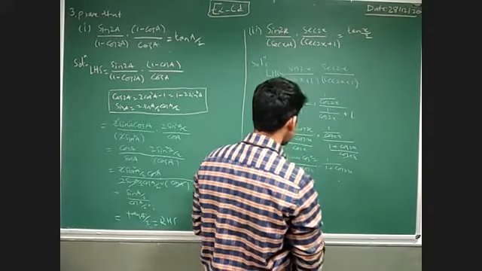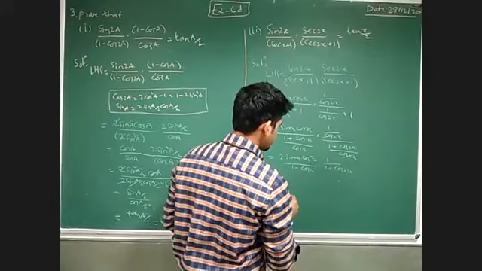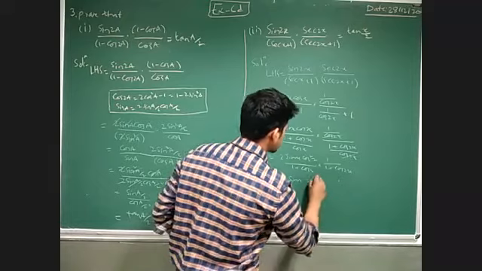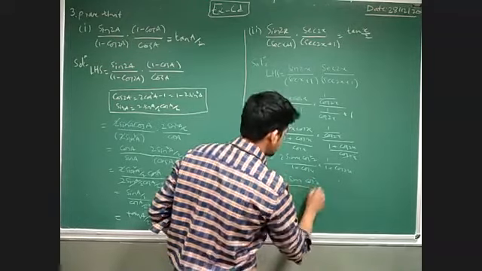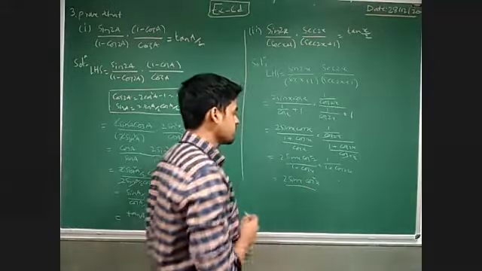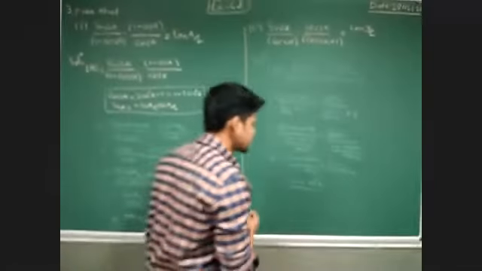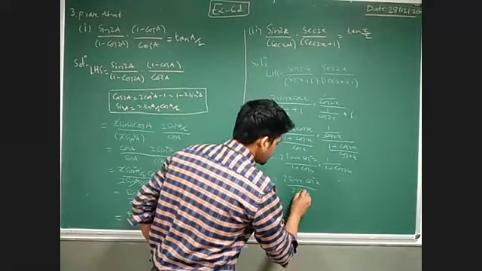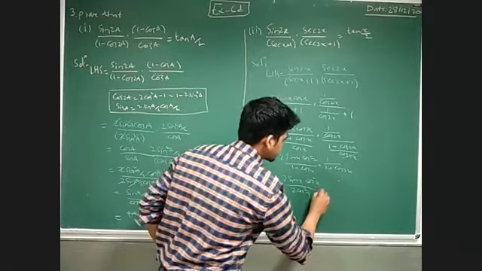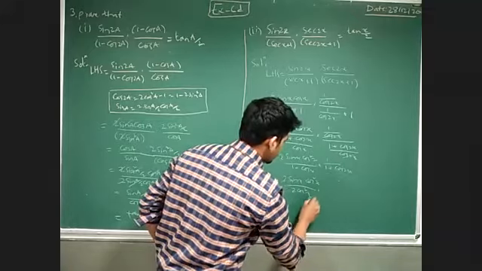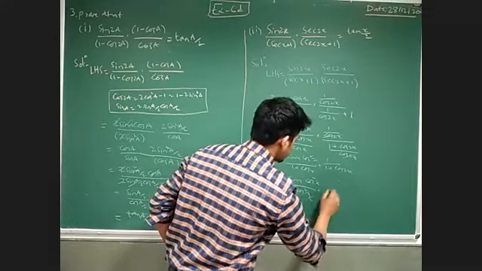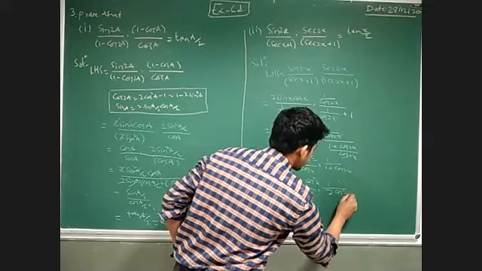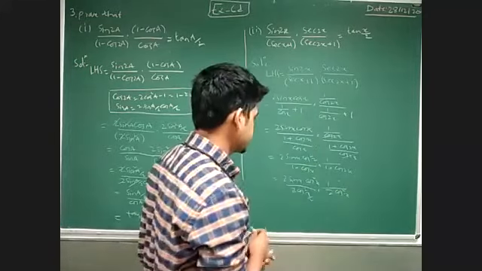Okay, so this is 2 sine x cos square x, and here 1 plus cos x, 1 plus cos x is nothing but 2 cos square x by 2, and here it will be 2 cos square x.